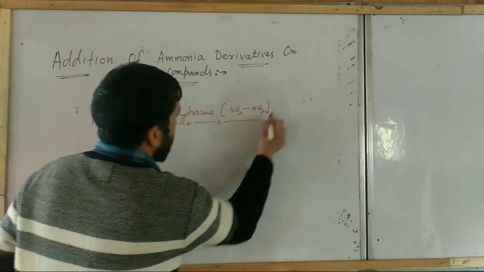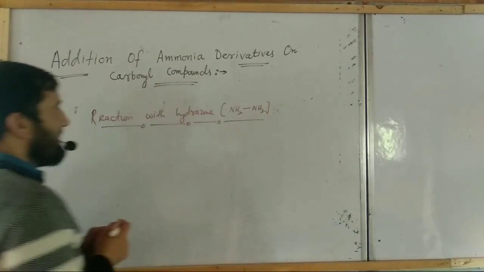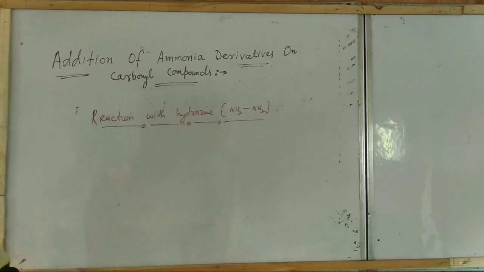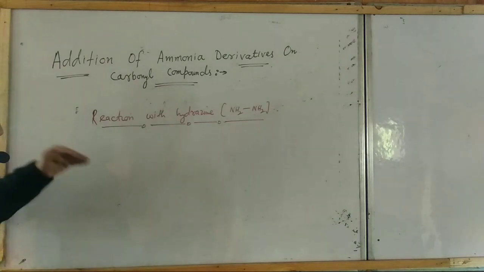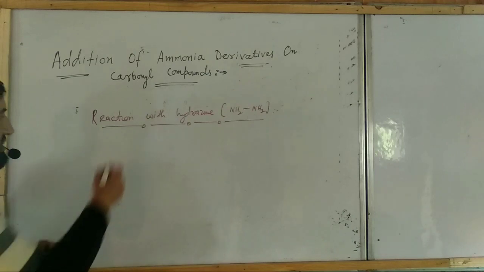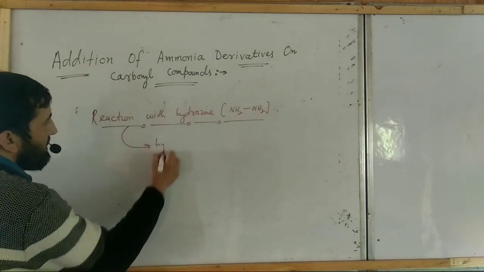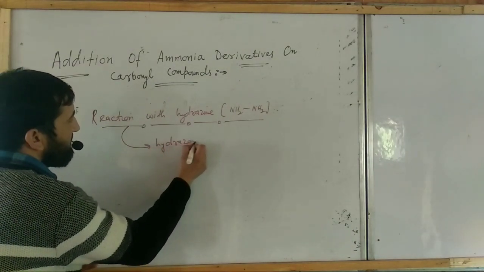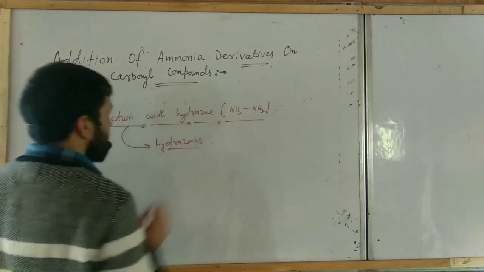It must be noted that अगर ये aldehydes और ketones hydrazine के साथ react होते हैं, they form another type of compounds that is known as hydrazones. So aldehydes can form the aldehyde hydrazones and ketones can form the ketone hydrazones. So aldehydes and ketones form hydrazones with hydrazine.